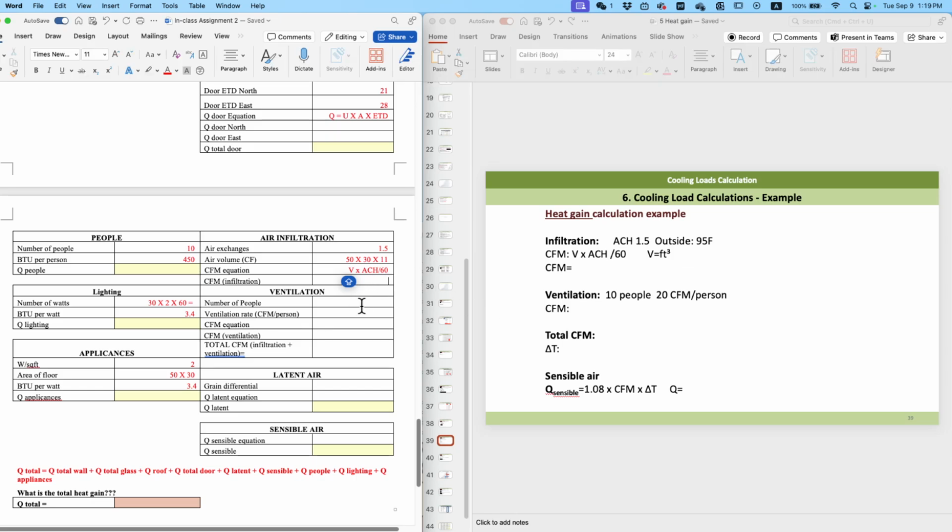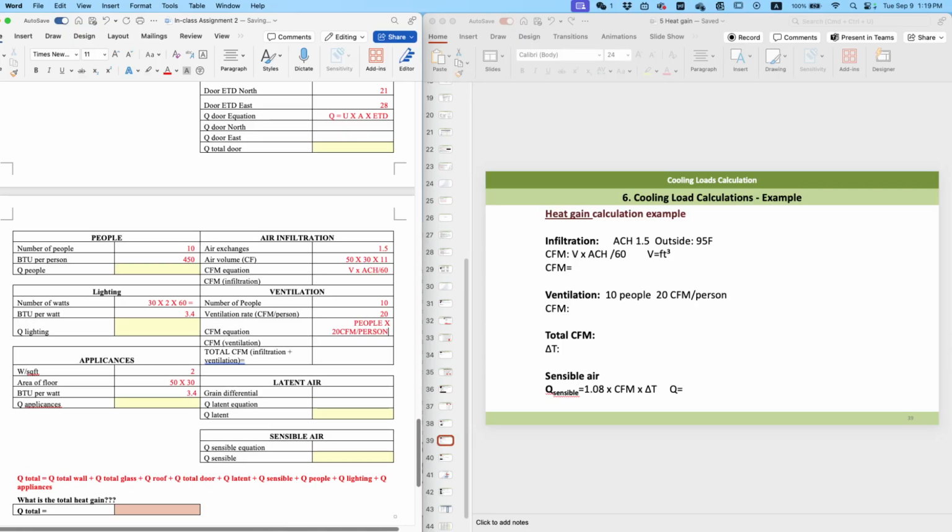And then let's start ventilation. For ventilation, we know the total number of people is 10, and the ventilation rate we already provided is 20 CFM per person. So what's the CFM equation for ventilation? People by 20 CFM per person. And then you can know the total CFM for ventilation.